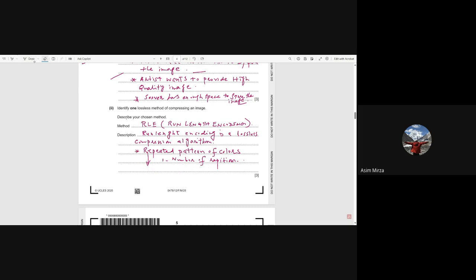Now let me give you an example, right? For example, we have this image. Say, for example, this one is black, this one is black, this one is black, right? So these are repeating actually. So how does this algorithm work? It finds the same color repeating, that is one white, two white, three, four.